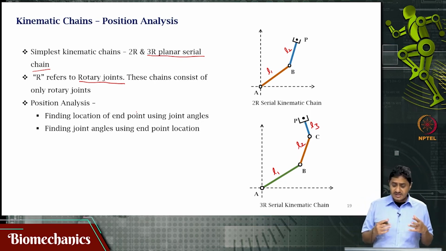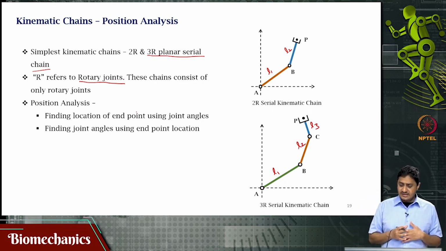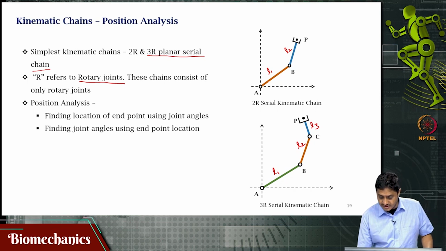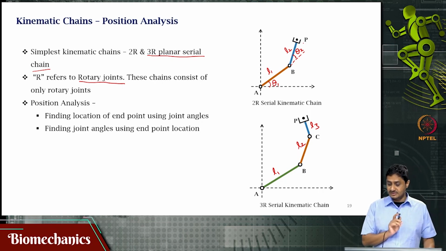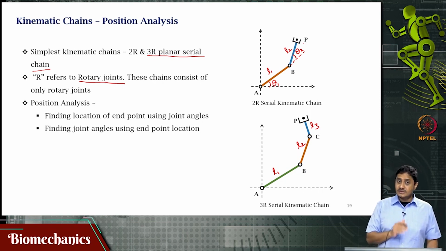In other words, suppose I know the joint angle at A and the joint angle at B. Suppose I know that the joint angle at A is some theta 1 and the joint angle at B is some theta 2 with respect to the previous link. Remember this, very critical to remember this. This theta 2 is with respect to the previous link AB, not with respect to the ground.